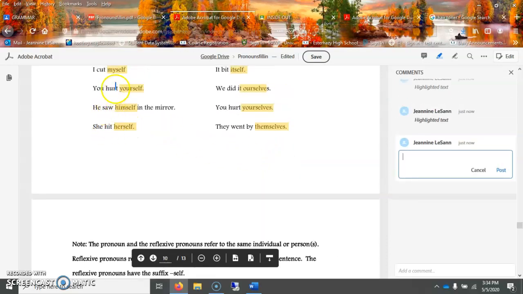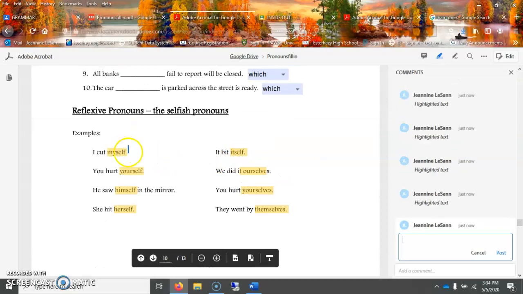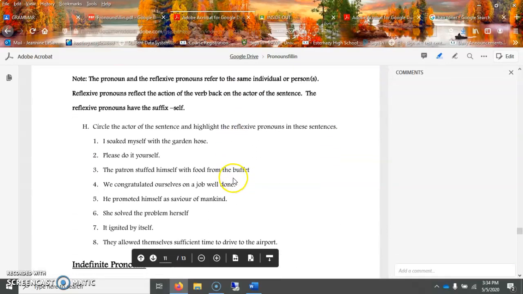Hit, saw, hurt, cut, bit, did, went, right? There's a verb in between there. The reflexive pronouns also have the suffix self. Again, myself, yourself, himself, herself, itself, ourselves all have self as the suffix, the ending.